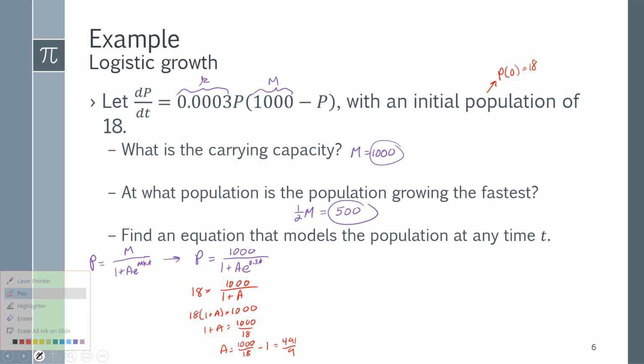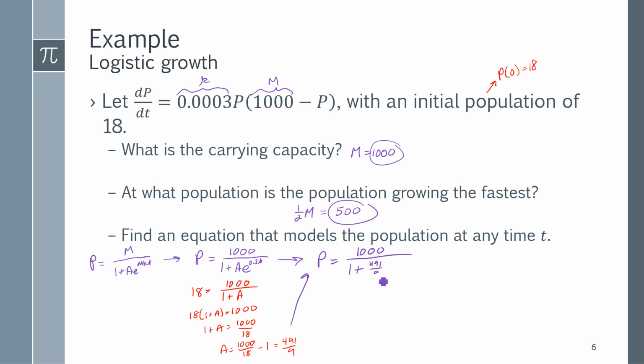So that means that P is equal to 1,000 over 1 plus 491 ninths e to the 0.3t. And there is my model.